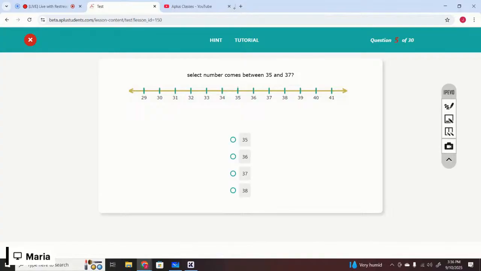Select the number that comes between 35 and 37. So which number is between 35 and 37? Between 35 and 37, it is 36. Option number 2 is the correct option.